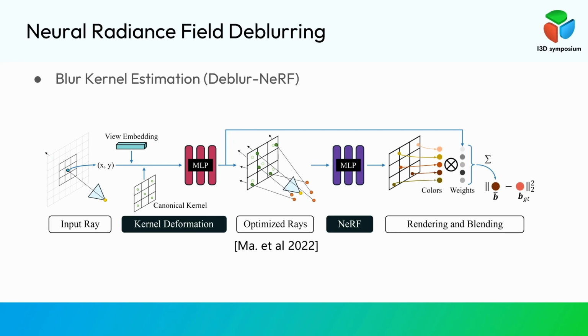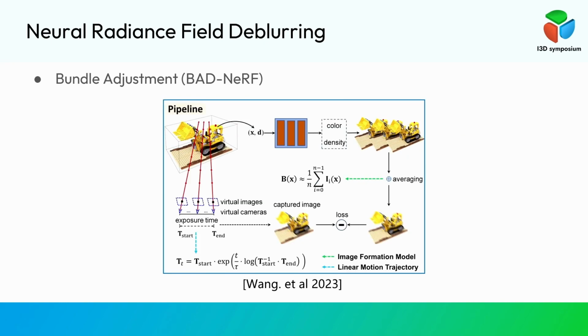Okay, so another workaround is BAD-NeRF, bundle adjusted NeRF, that uses a bundle adjustment technique introduced in another NeRF paper called BARF. So BAD-NeRF models camera motion blur as a camera motion trajectory estimation problem, and hence requires a camera pose estimation method like bundle adjusting NeRF.